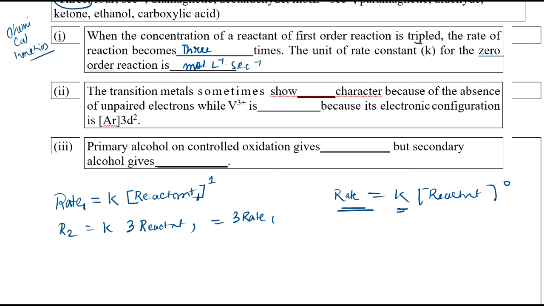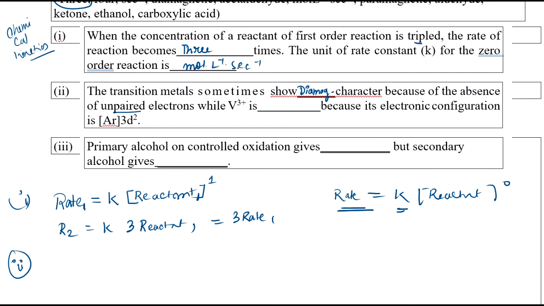Then coming to the next: the transition metals sometimes show dash character. Transition metals show paramagnetic as well as diamagnetic character depending upon the number of electrons present, because of the absence of unpaired electrons. When unpaired electrons are absent, it will show diamagnetic character.